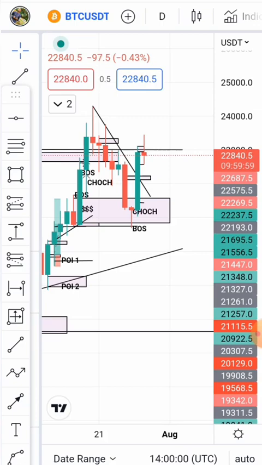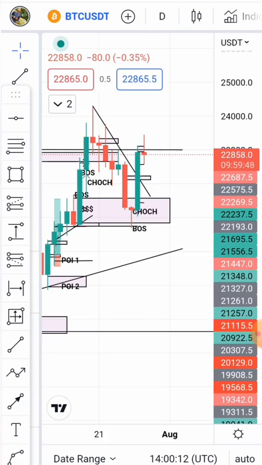On this daily order block, we had a bullish pin bar, even though it closed with a bearish look, but it's also a bullish pin bar because of the rejection down there inside the order block.